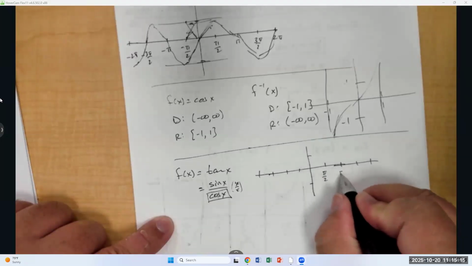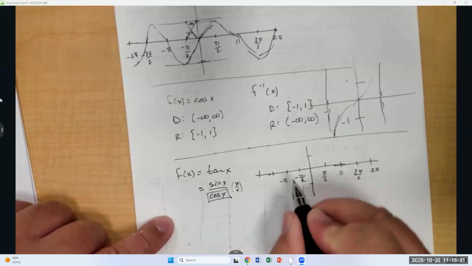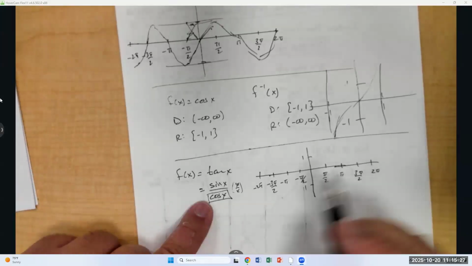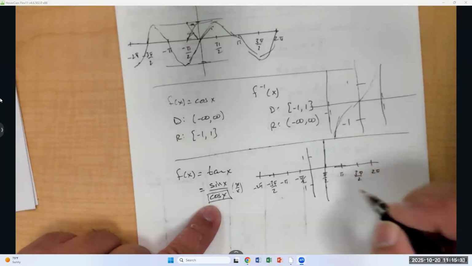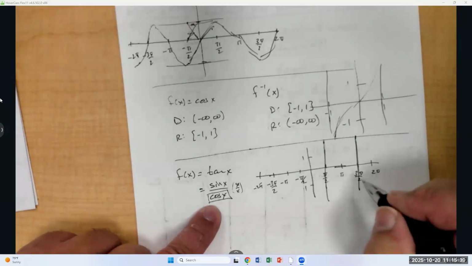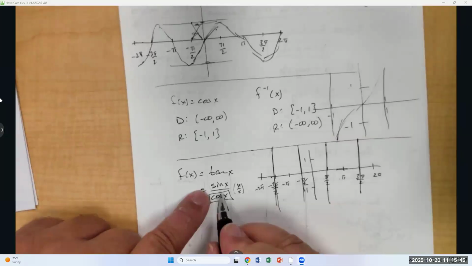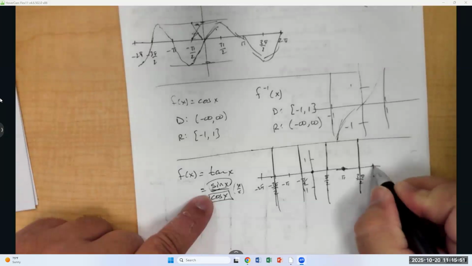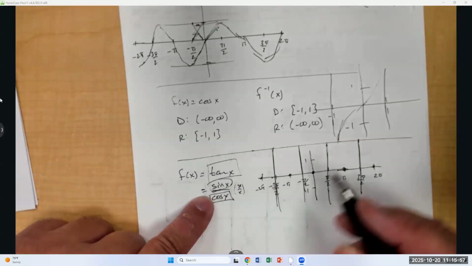So it's pi over 2, 3 pi over 2, negative pi over 2, negative 3 pi over 2. Cosine is 0 at pi over 2, at 3 pi over 2. It's 0 anywhere sine is 0. Sine is 0 at 0, at pi, at 2 pi, negative pi, negative 2 pi. It's an increasing function.